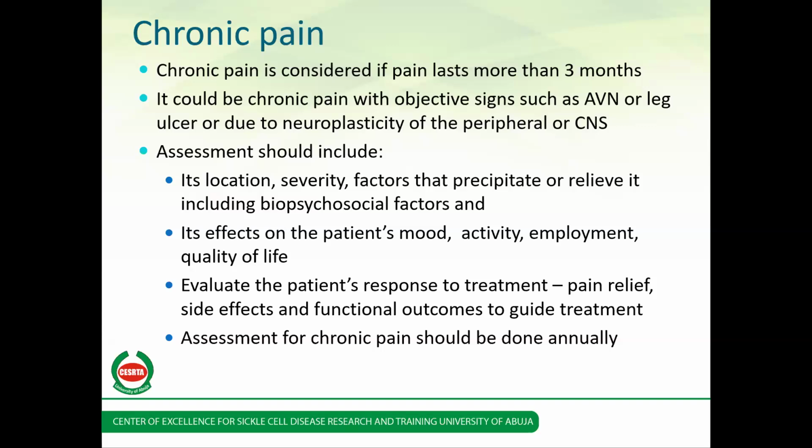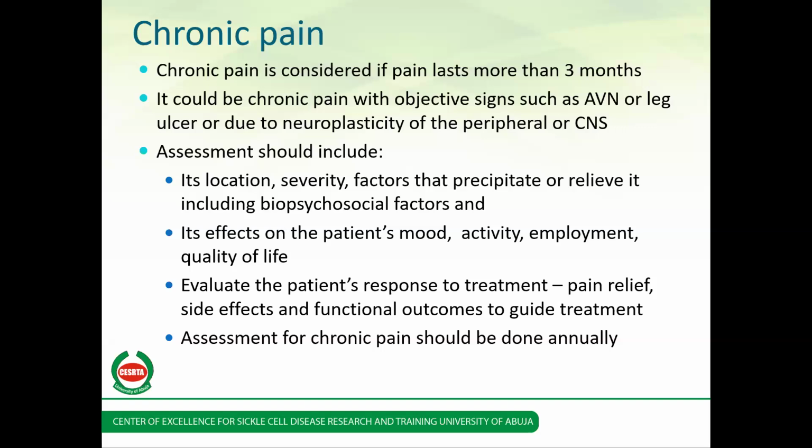So that is neuroplasticity. Assessment should include its location, severity, factors that precipitate or relieve it, including biopsychosocial factors, and its effects on the patient's mood, activity, employment, and quality of life.